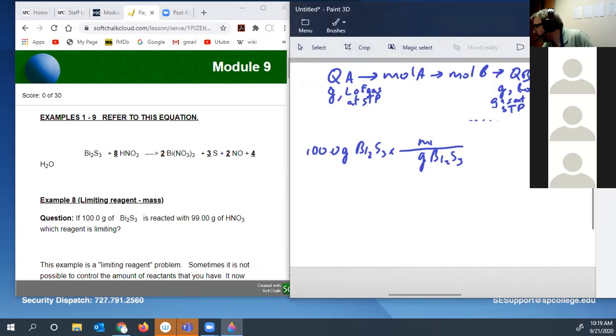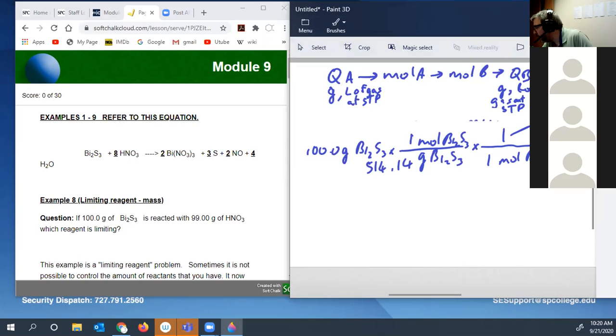We know moles of Bi2S3 goes on the top. And then we divide by the number of moles of Bi2S3 from the reaction. But let's do this for part first. 1 mole of Bi2S3, 514.14 grams. Then 1 over 1 mole of Bi2S3.